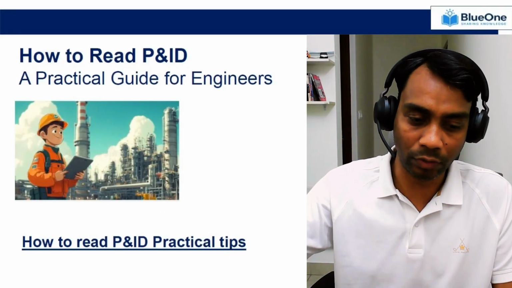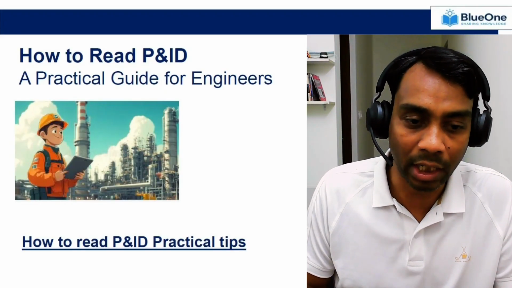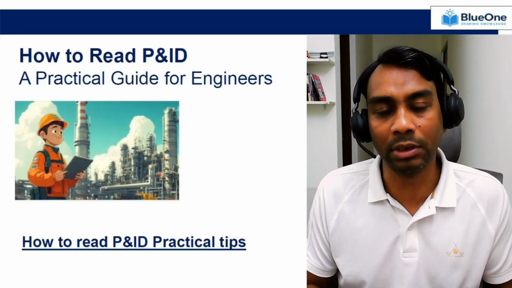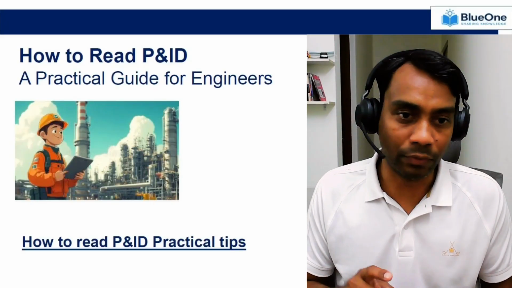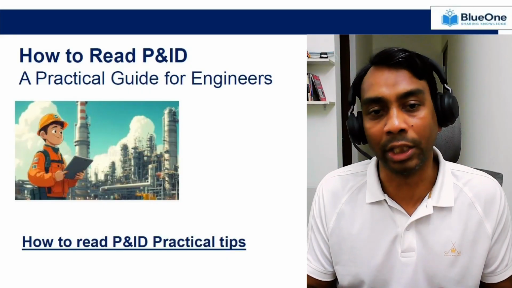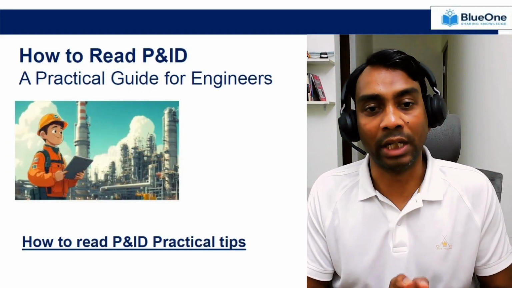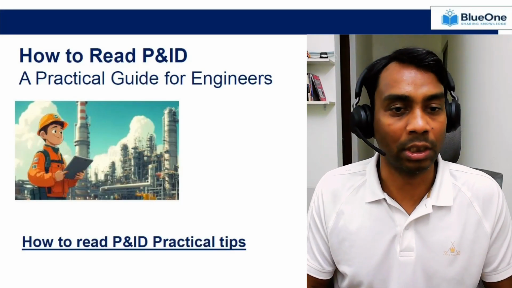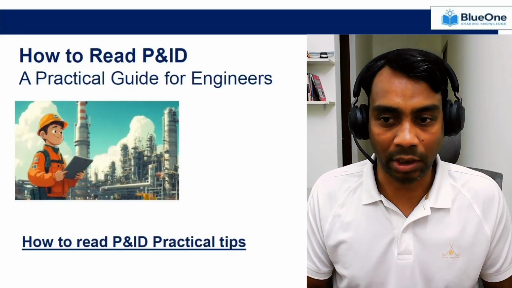We have seen all five layers of information, and I'm sure you would have got an idea how to interpret the line numbers, the equipment numbers, the particular tag and its properties, the different types of instrument signal lines, and then the process and safety control loops, and how to look into the process and safety information to understand the entire process, and the battery limits and all this information.